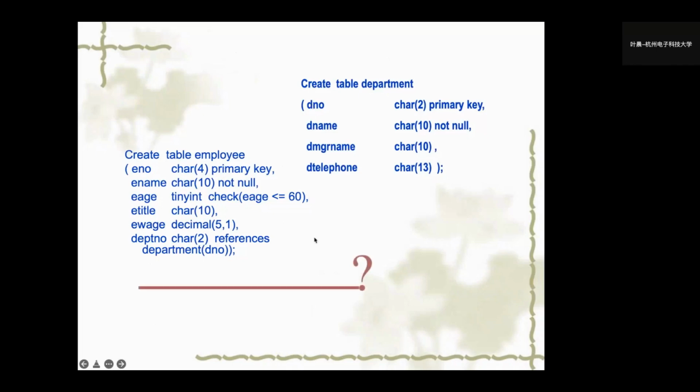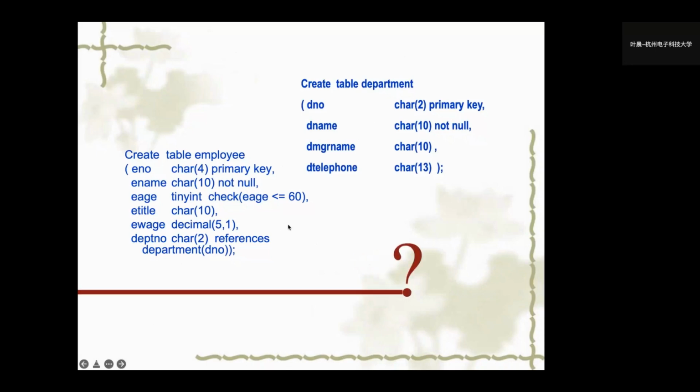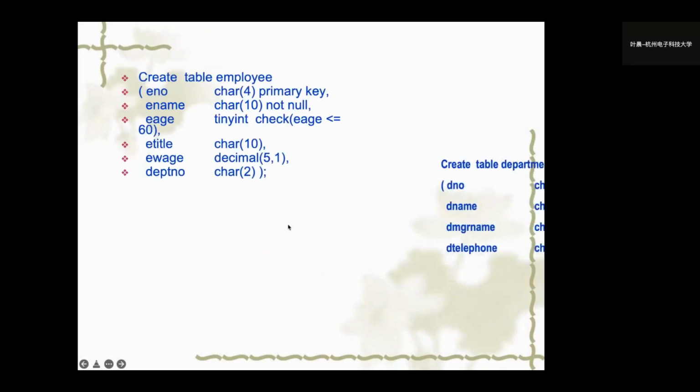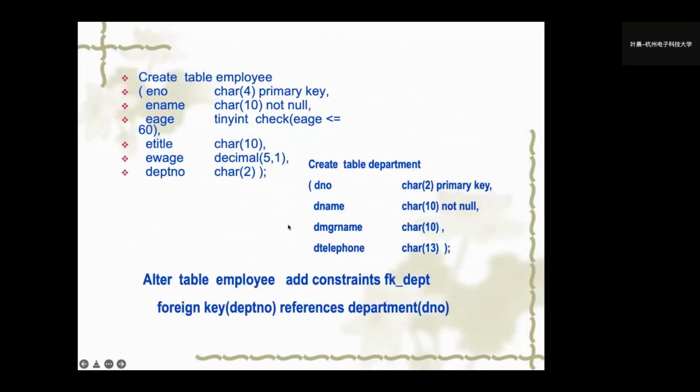So if you don't want to make this reference constraint during the process of creating the table, you can also use the ALTER function. After the definition like this, which is a very normal definition, you can use ALTER TABLE employee ADD CONSTRAINT to add a new constraint.